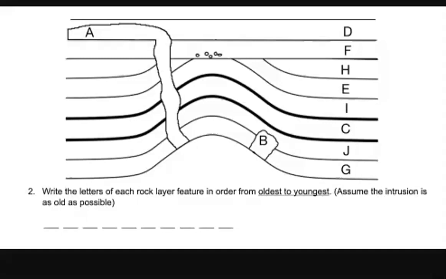It's the layers D and F. Okay, so an unconformity is when much younger rock is touching much older rock. So these guys are both considered pretty young. Where do you think, Sahil, where do you think the unconformity is? Where E and or where I and F are touching.